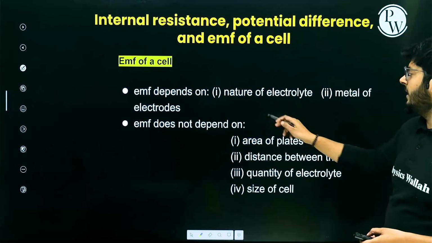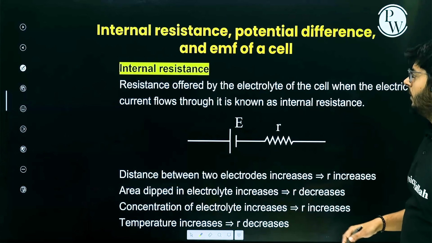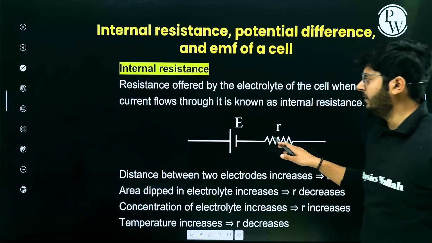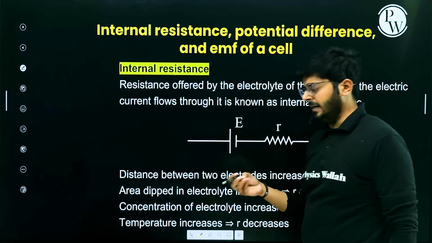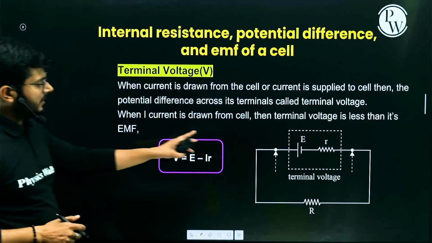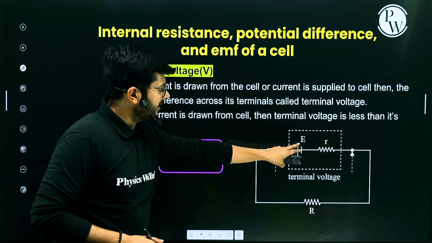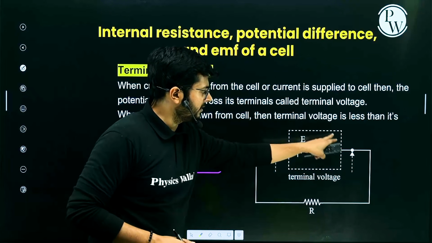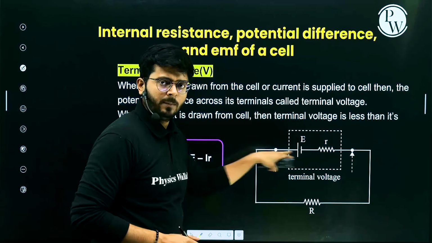EMF of a cell depends on the nature of the electrolyte and the metal of the electrodes. Internal resistance, I have already told you. What is it? The resistance offered by the battery itself is the internal resistance. Terminal voltage is the net potential difference you get out of the battery. So you see that it is EMF minus the potential drop caused by the internal resistance. I is the current coming out, let's say.